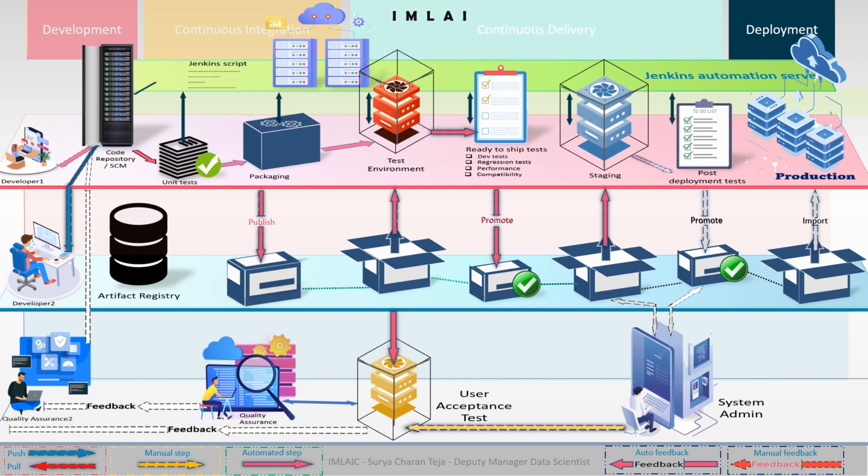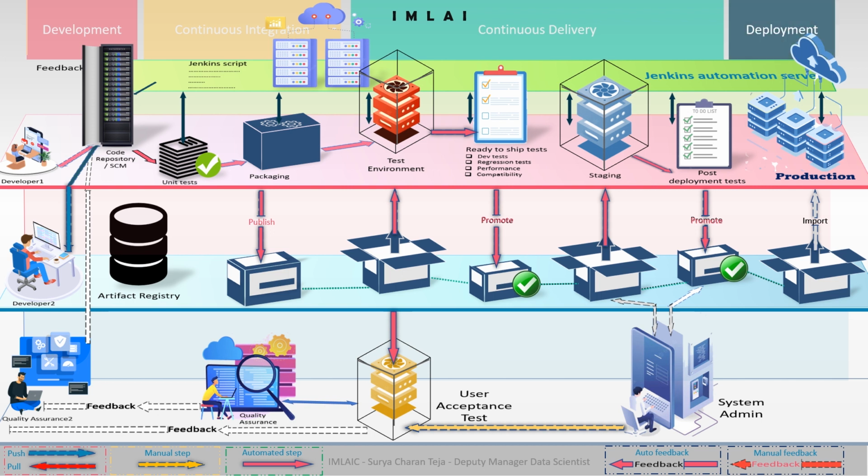The staging environment will pull this artifact, and there it's a production replica. So there all the post deployment tests will be done. Once that is done, the healthy application will move into the artifact repository again. Then this one finally moves for the deployment.